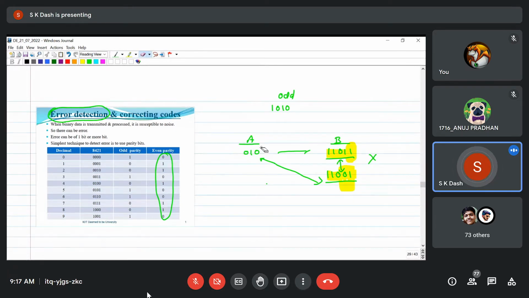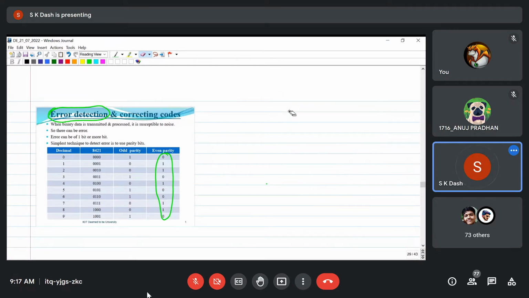Let's take a last example. The question can be for any number of bits. Now suppose your signal is 10111. We want to use the even parity system. Then what will your message be?